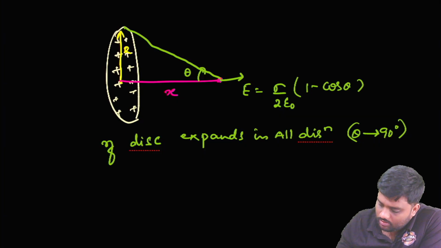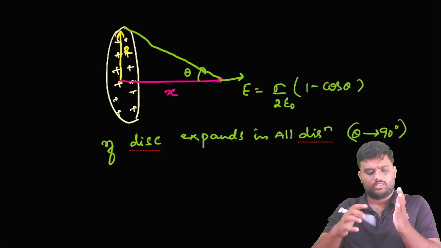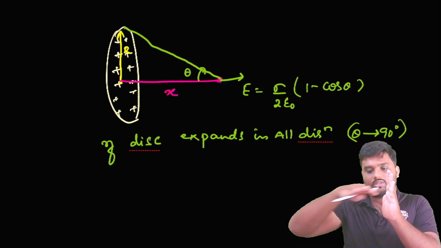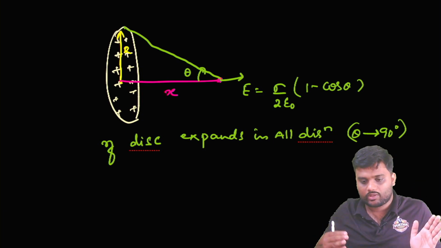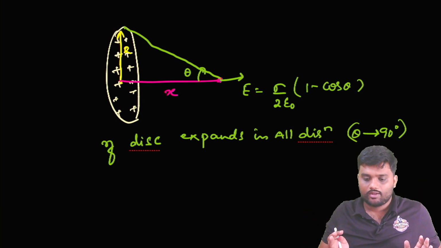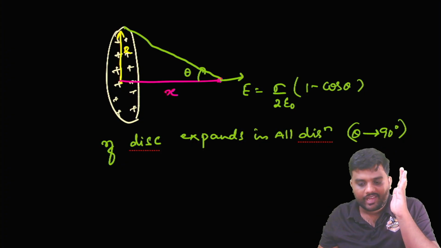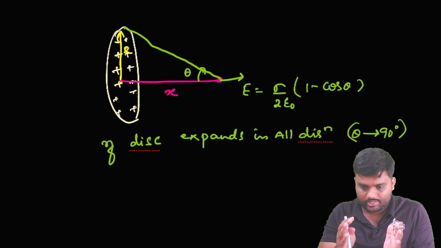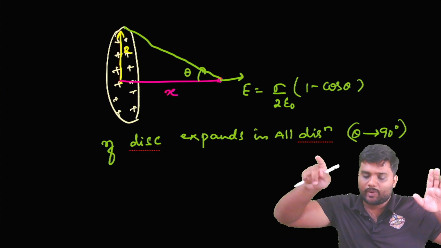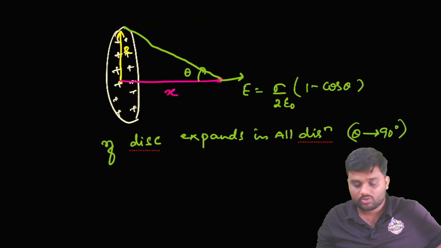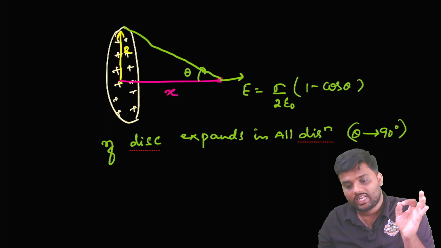That means if the disk, this is a disk, if the disk started expanding ee kadege hogta ide, ee kadege hogta ide, it started behaving like the so-called infinite sheet. It becomes an infinite sheet. Once the disk expands in all the direction, the angle from the circumference to that point comes out to be 90 degree.